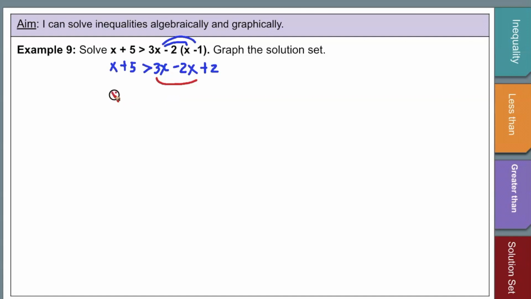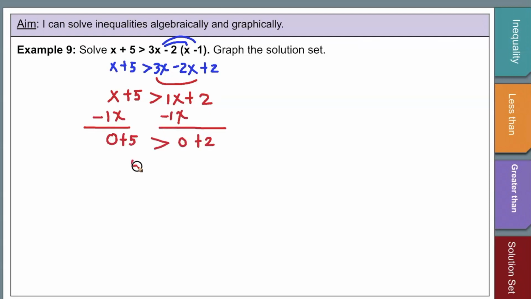Combine like terms on the right hand side of the inequality. That should result to x plus 5 greater than 1x plus 2. Add negative x to each side of the inequality, and that should result to 5 greater than 2.